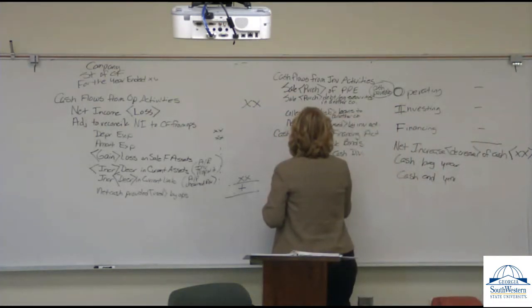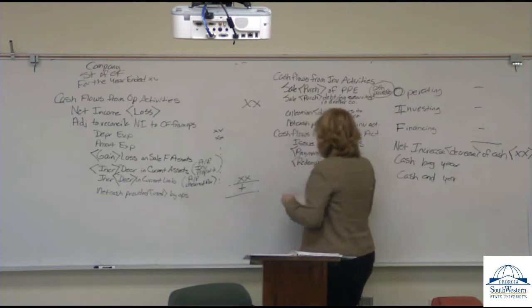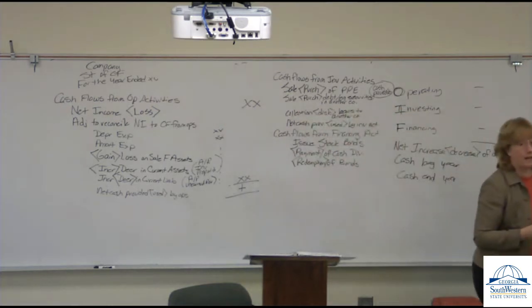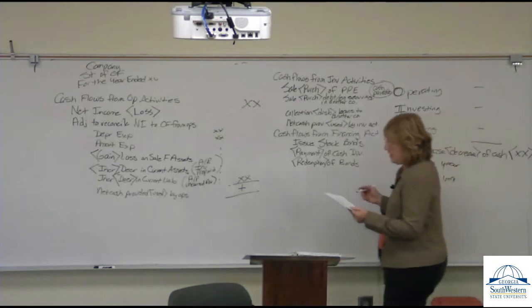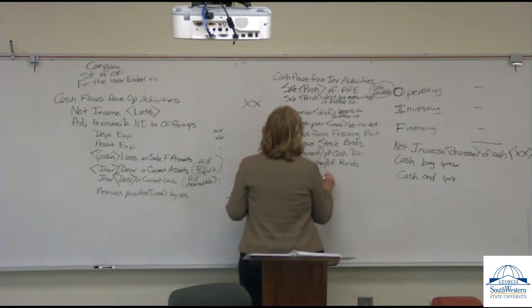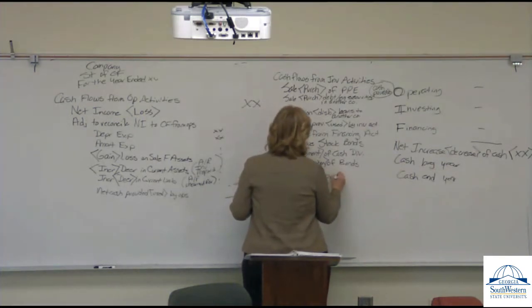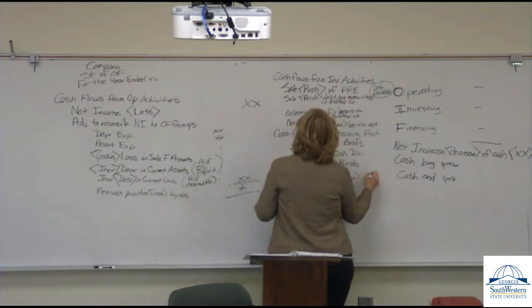Redemption of bonds. That's when we pay back the bondholders. Okay, so those are our positives and negatives on the financing activities. So we have net cash provided or used in financing activities.